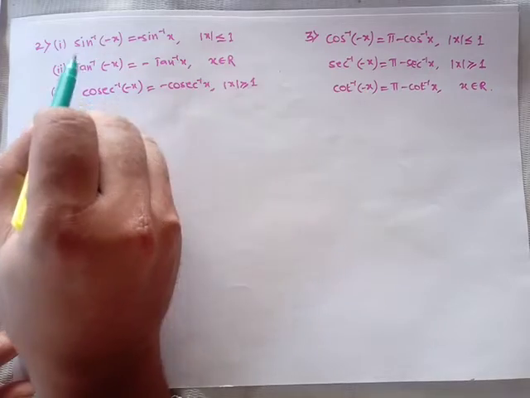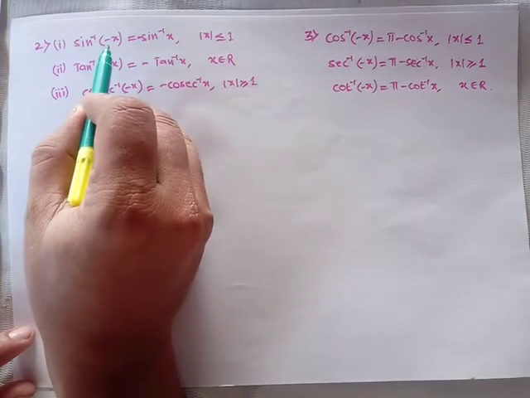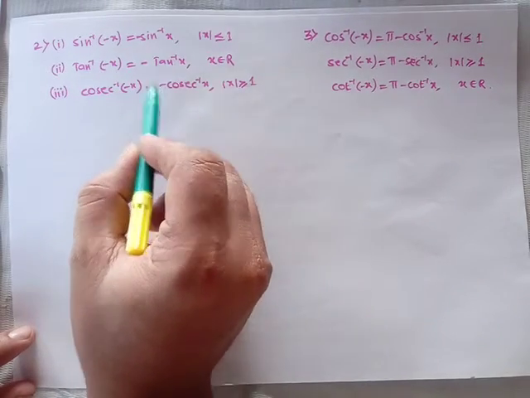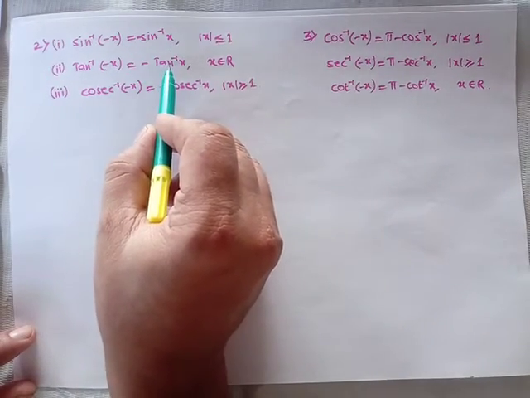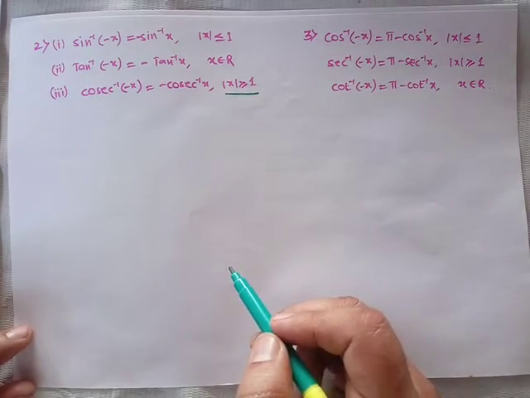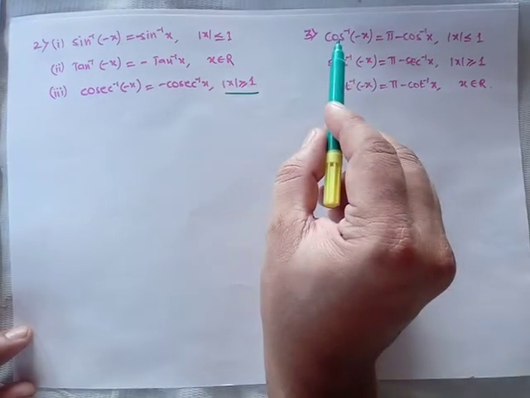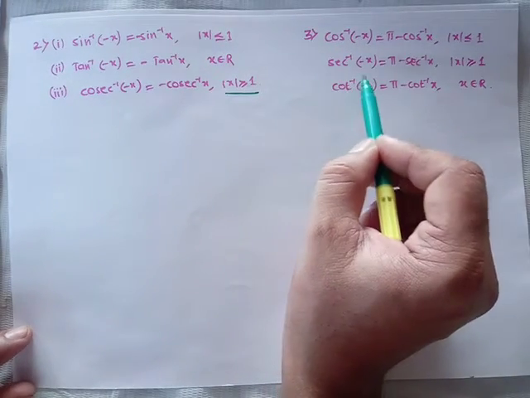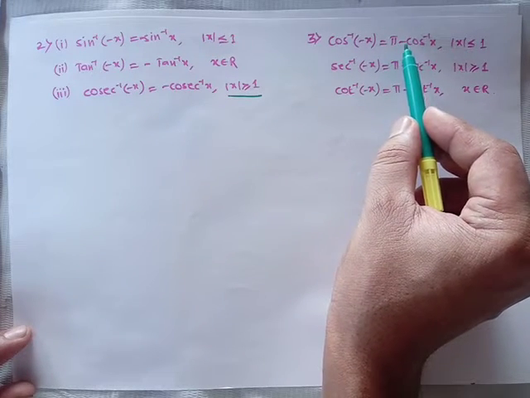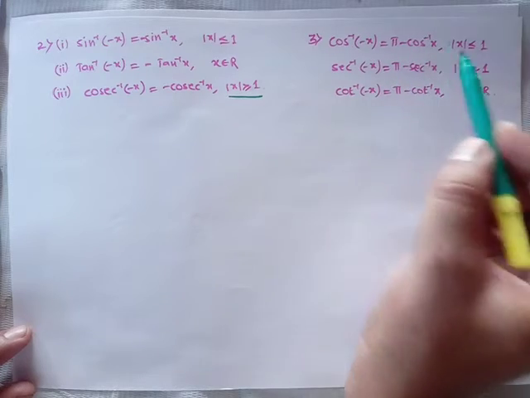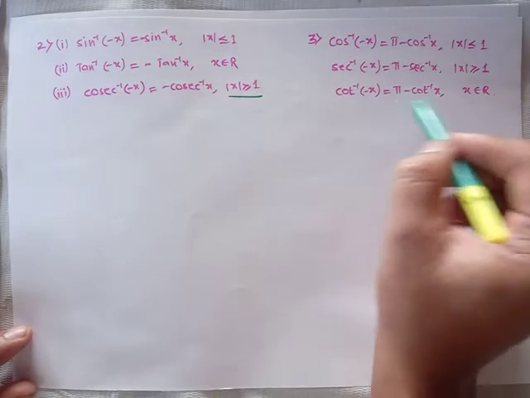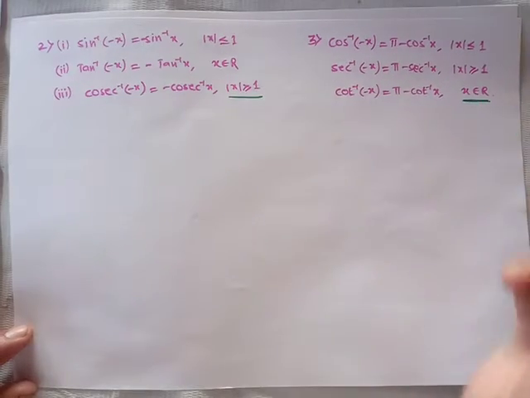First of all, sine inverse, tan inverse and cosec inverse of minus x will become minus sine inverse x, minus tan inverse x, minus cosec inverse x, in their respective domains. Coming to the next, for cos, secant and cot, when minus x is taken, it will give you pi minus cos inverse, pi minus secant inverse, pi minus cot inverse of x, in the respective domains.